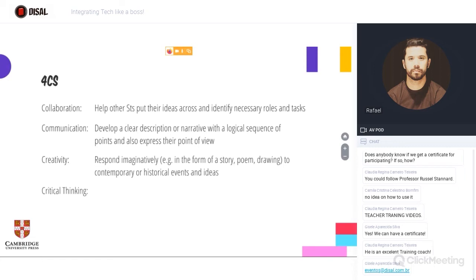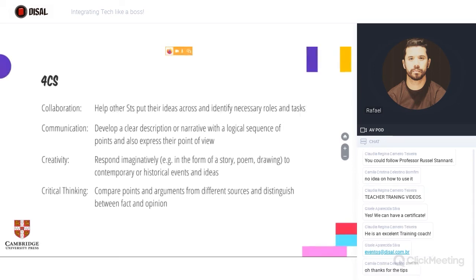In creativity, I wanted them to respond to historical events in the creation of a real board game. And finally, in critical thinking, which is here cognition also, I wanted them to compare points from many different sources and distinguish between what is a fact and what is an opinion, you know?